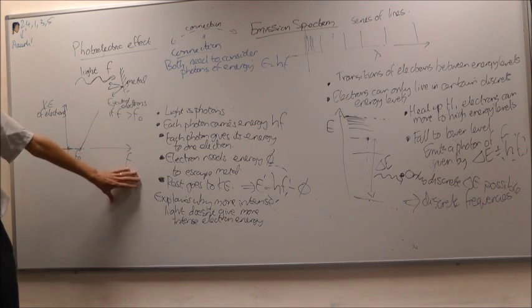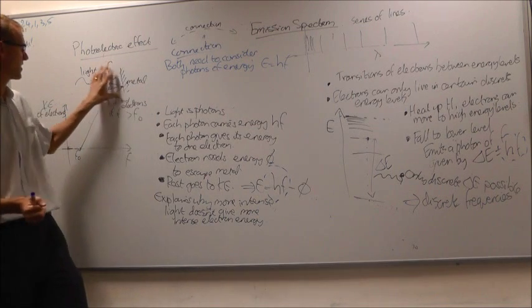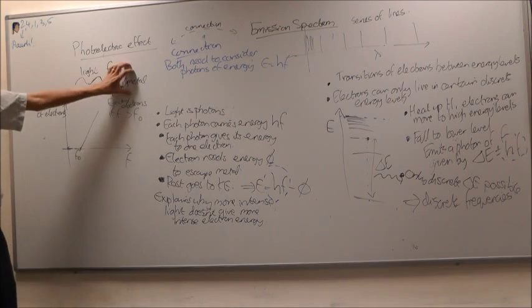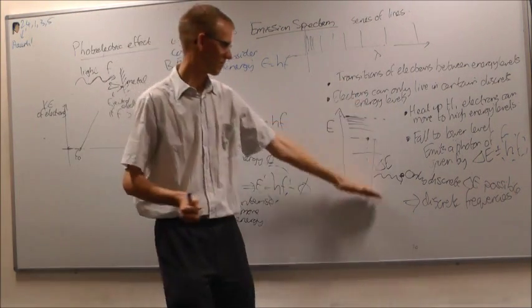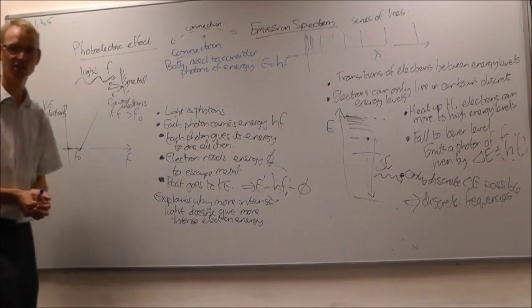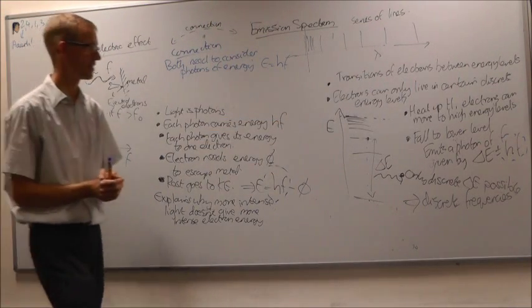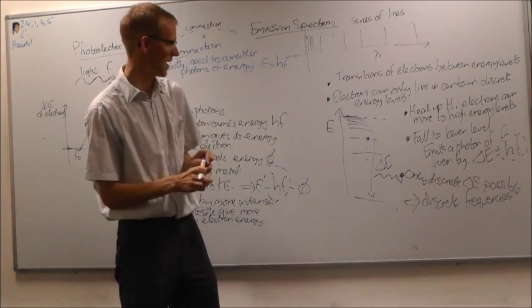Basically in the photoelectric effect, okay, so you don't demonstrate this with hydrogen, you usually use a metal, but metals have a series of discrete energy states, just like the hydrogen atom has.